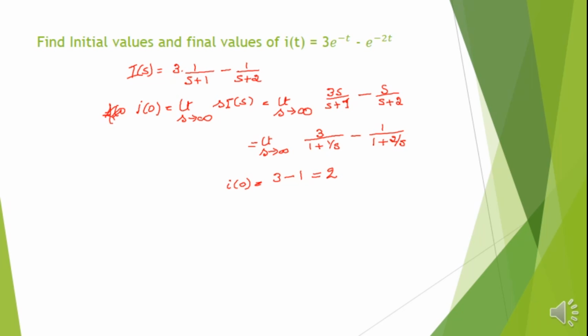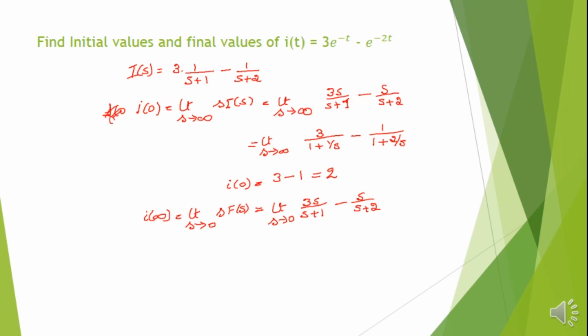Now i of infinity, the final value, is equal to the limit as s tends to 0 of s times i of s. So it is the limit as s tends to 0 of 3s by s plus 1 minus s by s plus 2.